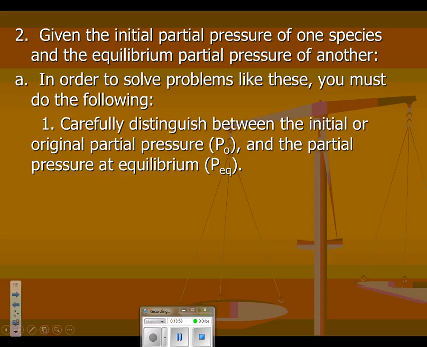They used to use P0 for P initial, Peq for the equilibrium pressure. Now we just do initial and equilibrium. So ICE: I stands for initial, C stands for change, and E for equilibrium.